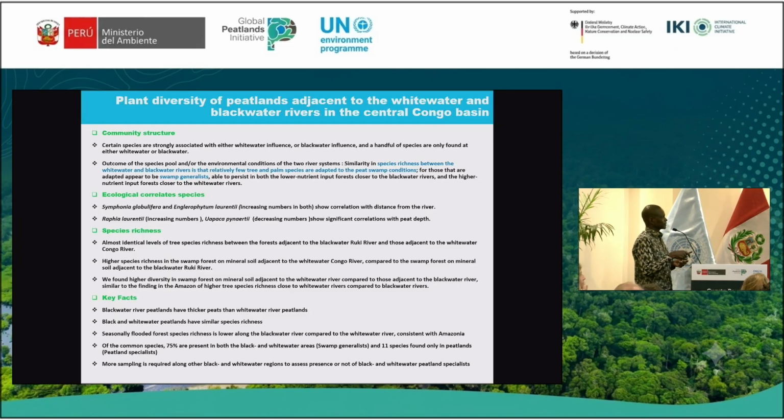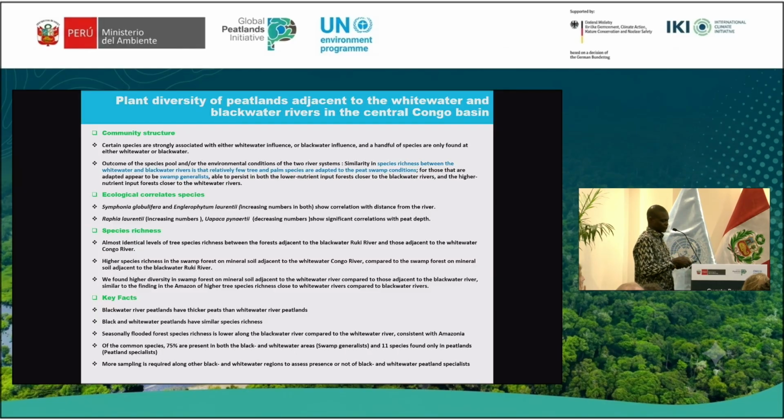About the ecological relationships, we see that there are few species, specifically Symphonia globulifera and Inglerophyton, that's the Sapotaceae, both correlated with the distance from the river going deep into the forest. And the raffia itself and some other species are more related to peat depth.